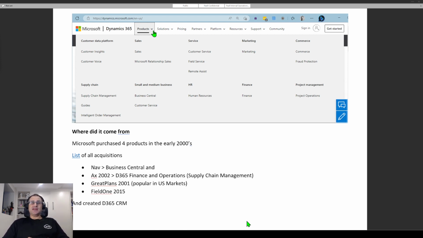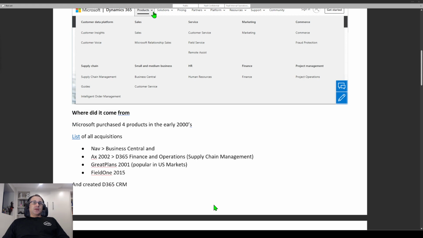Microsoft also in 2015 purchased a product called Field One, which now is called Dynamics 365 Field Services, which we discussed under the service banner at the top there. Obviously, one other thing that I should mention is that with Dynamics 365 Sales, there was some conjecture whether they had acquired it or copied it.